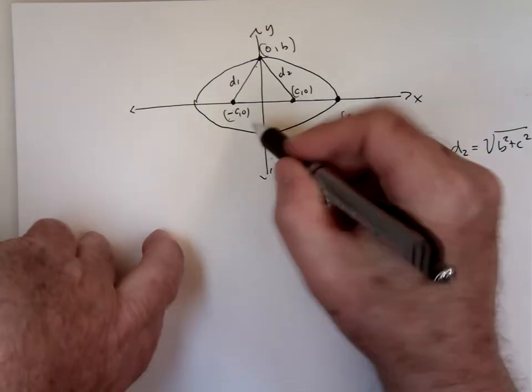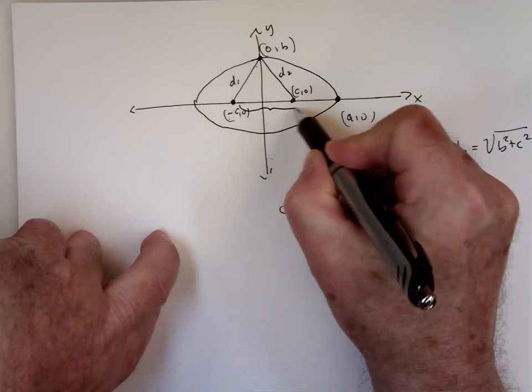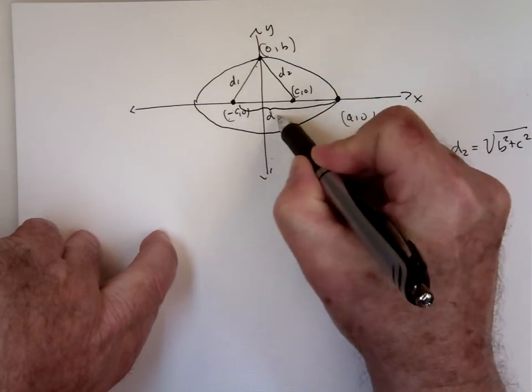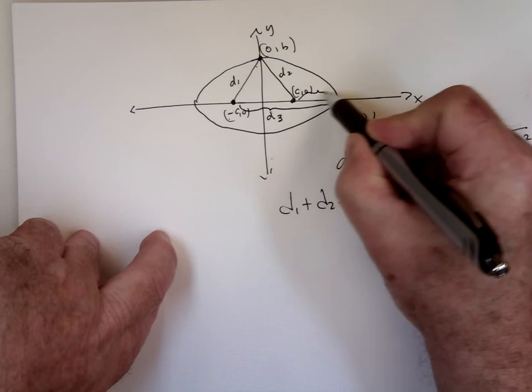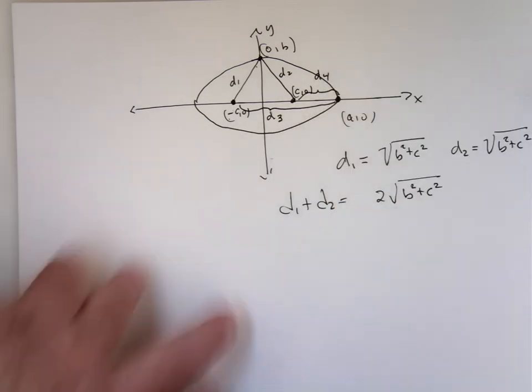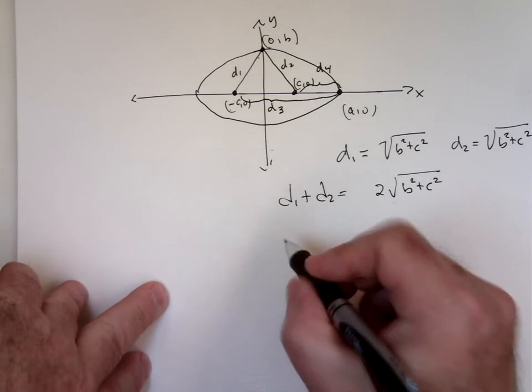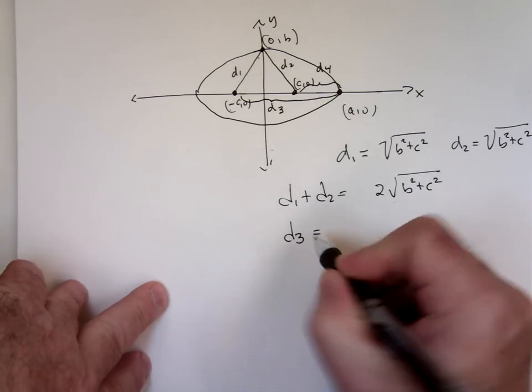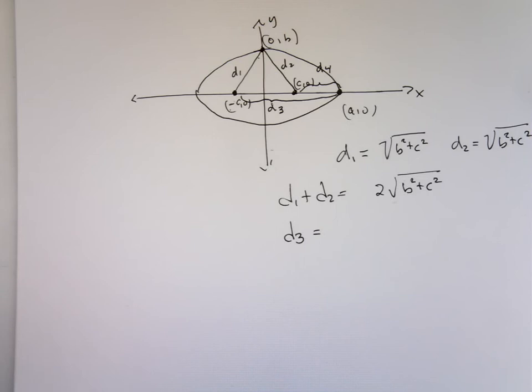In other words, let's take this point now, and let's take the two distances to this point. One will be this distance here. I'm going to call this D3. And the other distance is this. I'll call it D4. D3 is equal to what? What is that distance equal to?